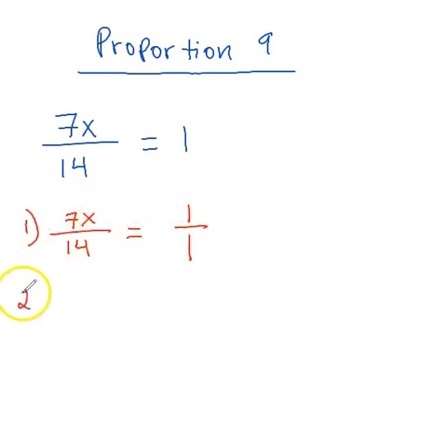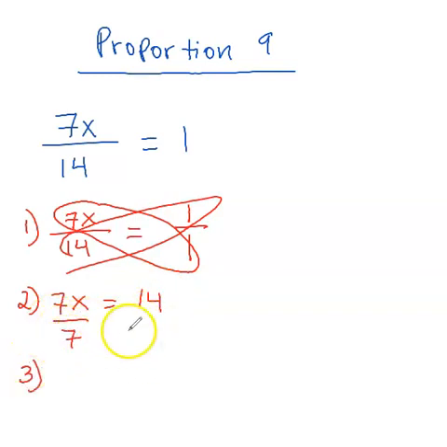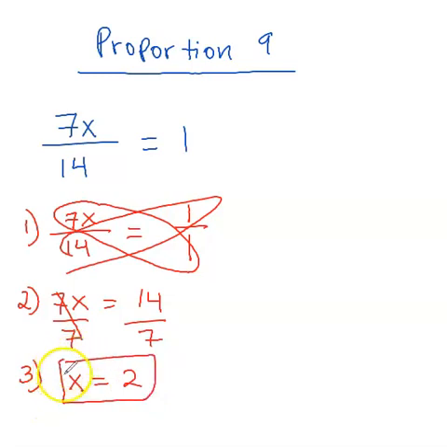So it'll be 7x times 1 equals 14 times 1. So 7x equals 14. You divide both sides by 7, and x is equal to 2. Okay? So your answer is 2. So don't be intimidated by it when you see those things like that. Take it step by step and think it through. All right? And be patient with yourself.